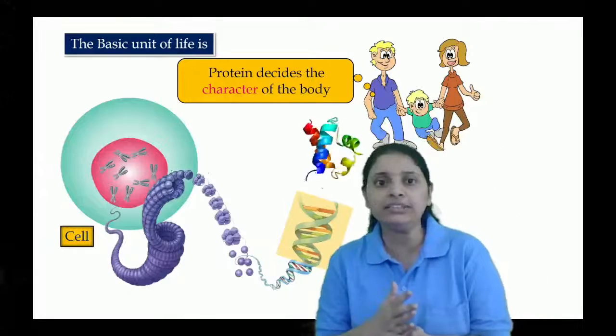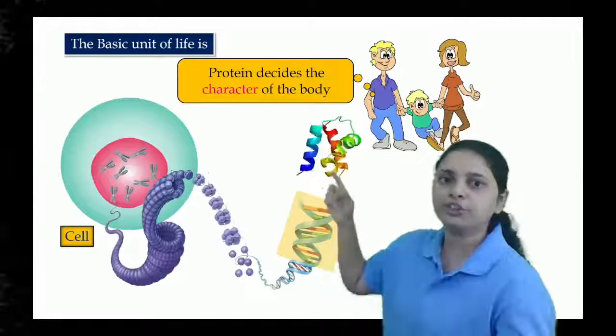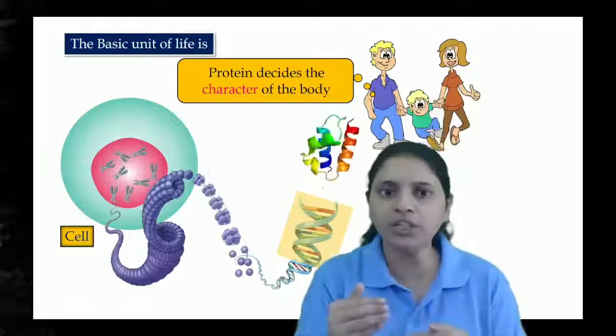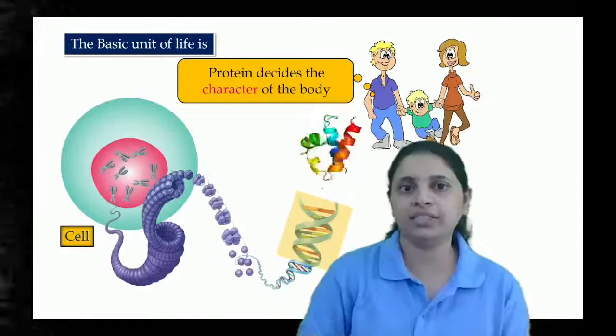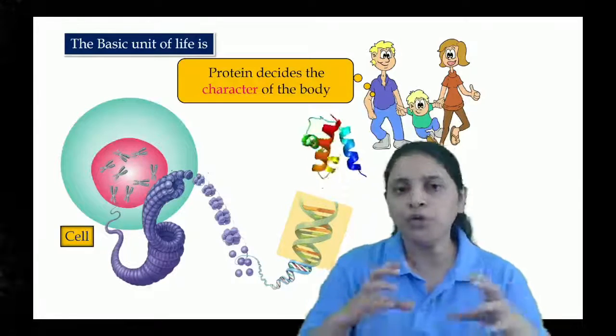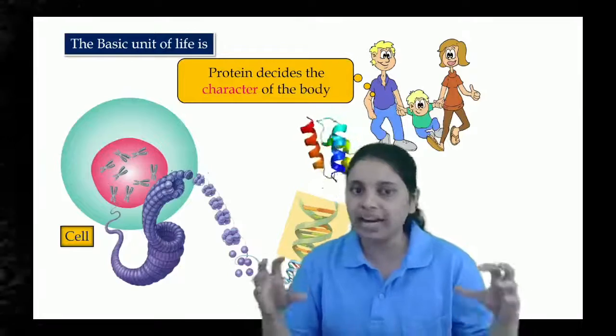And how do genes control the characters? Because genes produce specific proteins, and these proteins will perform a specific function which will build a specific character in an organism. So when we see that two organisms are different from each other, that means what?